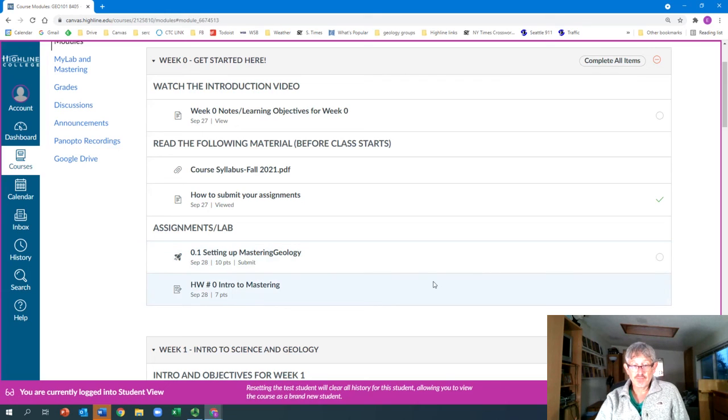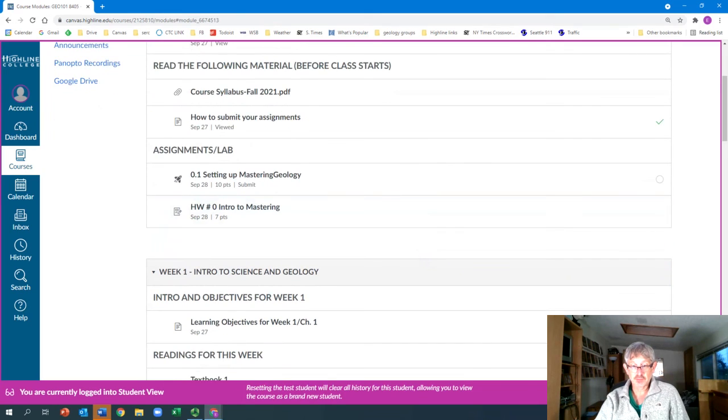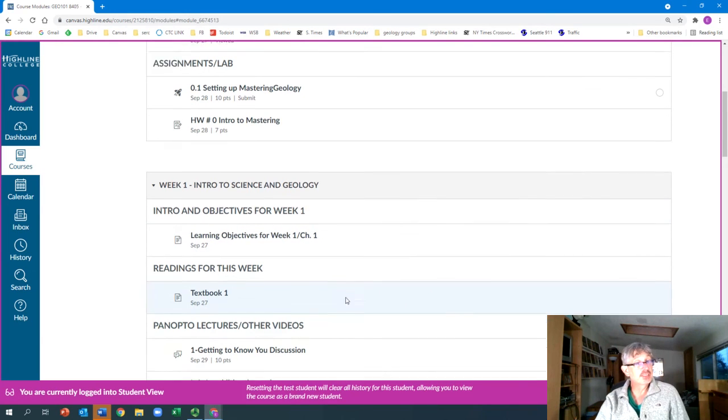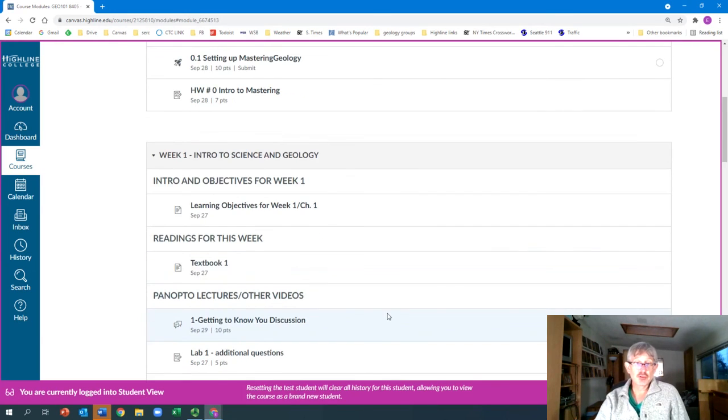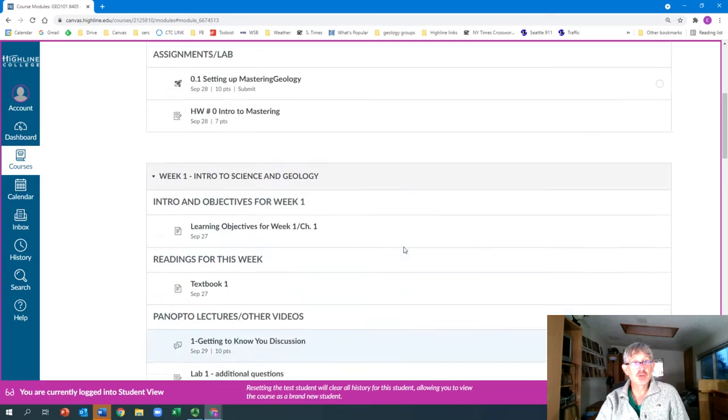You can do a 14-day free account, so you don't have to purchase right now, but you will have to get it after 14 days because you will have lots of assignments there. As you might notice, in any given week, you'll have learning objectives, the textbook, lectures, assignments, and that sort of thing. So here, for instance, is the lab for next week.